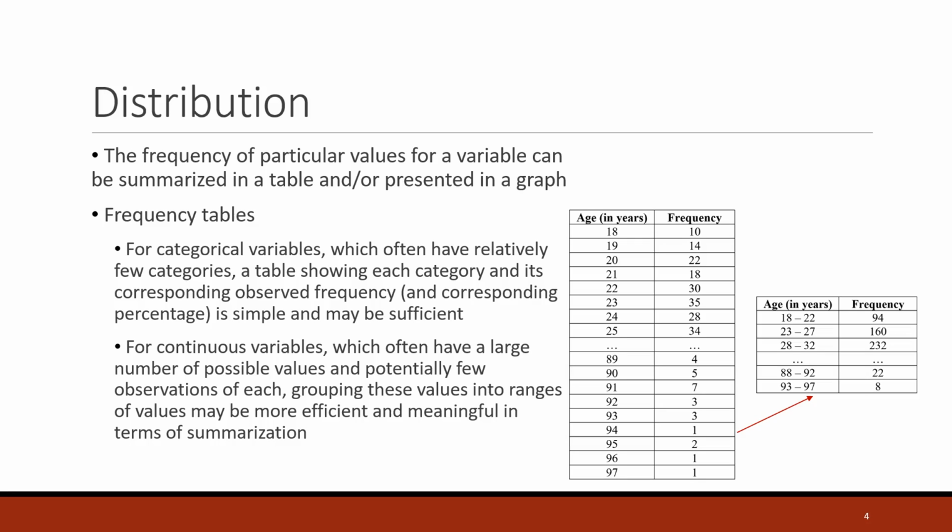But if it's expanded with 18 to 97 by ones, that's a lot of information. So if we condense that down into some age ranges, so 18 to 22, 23 to 27, 28 to 32, 33 to 37, etc., all the way down to 93 to 97, and then we also sum up the frequencies in those ranges, we have a nicer, more condensed way of summarizing the observed ages in our sample in this case.